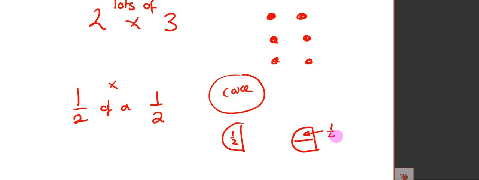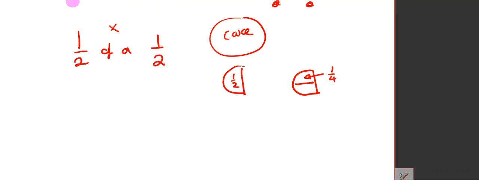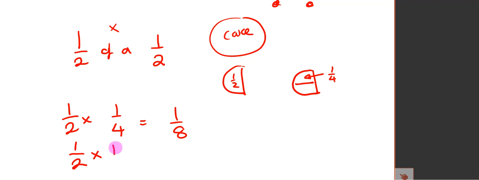A quarter, right? If I give you half the cake, and then say out of that half you're only allowed half of that, you'd have a quarter of the cake, wouldn't you? And half of 1/4 is 1/8. Half of 1/8 is 1/16. So you'll spot the pattern.